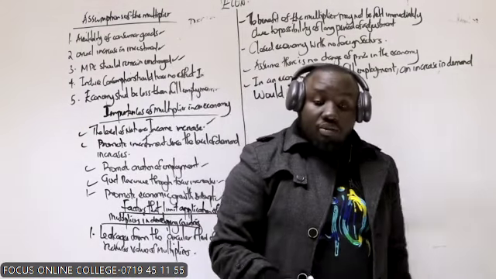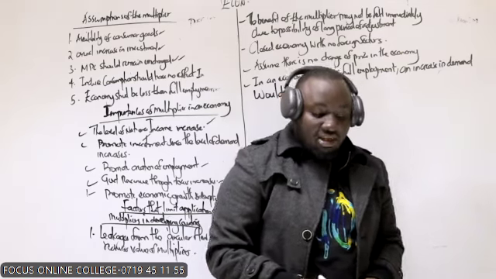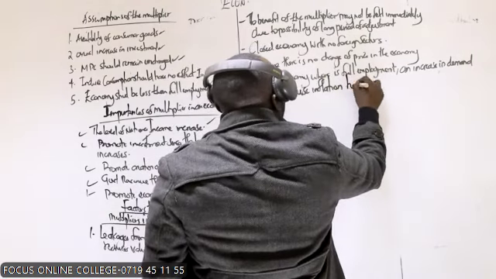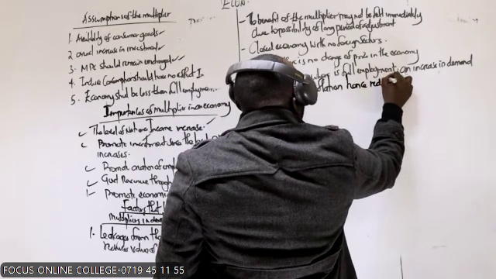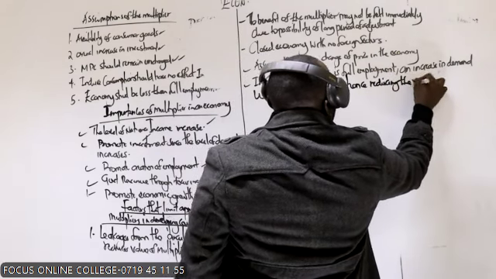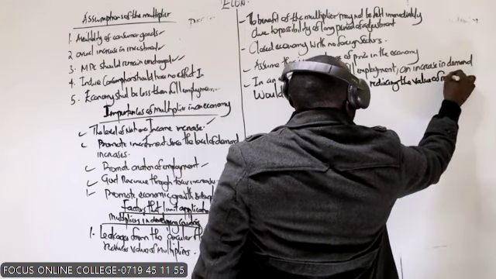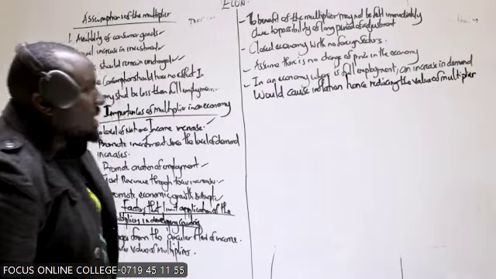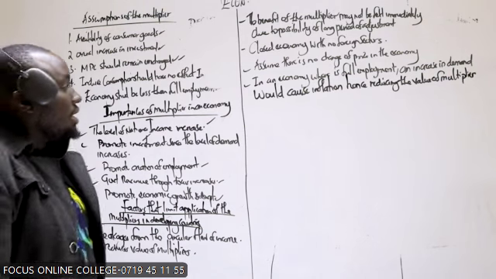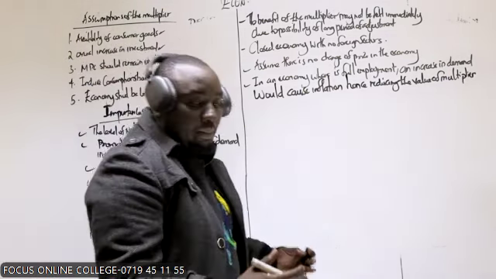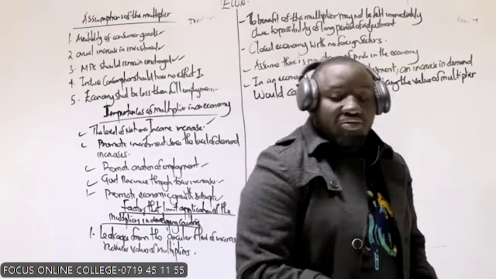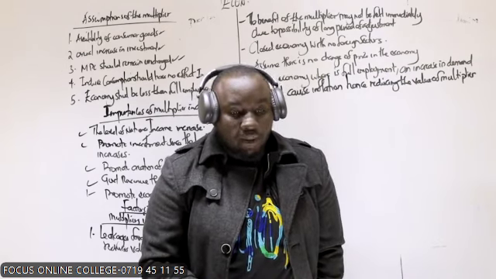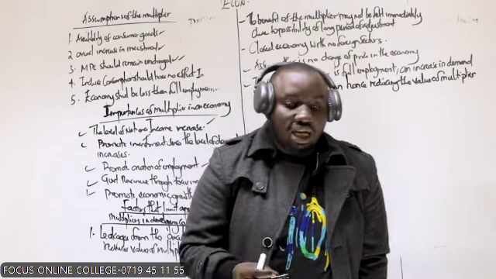When there is full employment, we know there is a lot of money in circulation. An increase in demand definitely will cause inflation, hence reducing the value of the multiplier.